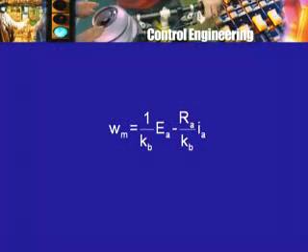So let us suppose that we have solved that first equation for omega m. So what will be the solution? Omega m will be 1 divided by Kb into Ea, and the other term is transferred on the other side, so minus Ra divided by Kb into Ia.